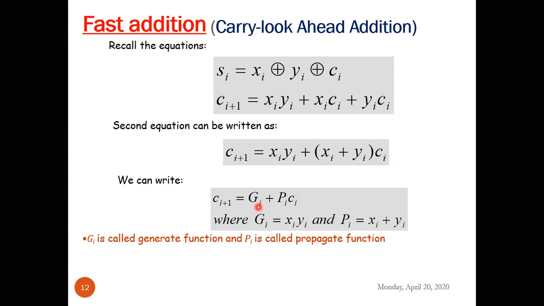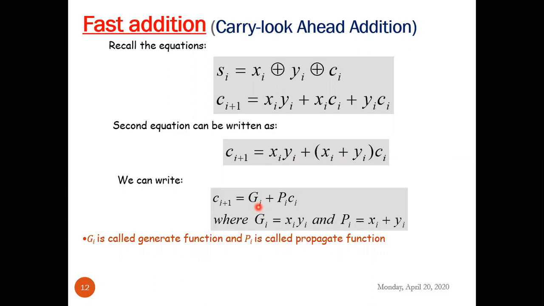Means here in addition, either my carry will be generated or my carry will be propagated. Generate as in, say suppose your inputs are 1 and 1, definitely the carry will be generated. 1 plus 1 is 0, carry is 1. Or propagate as in whatever is the previous carry will be propagated to the next stage.